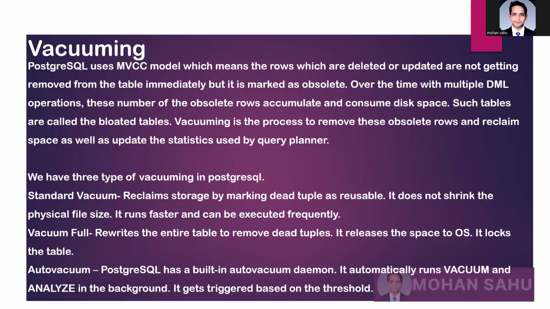Over time, when there are too many DML operations, the table becomes bloated. When there are a lot of dead tuples in the table, those tables are called bloated tables. By using the process called vacuuming, we remove those obsolete rows or dead tuples, and we reclaim space.